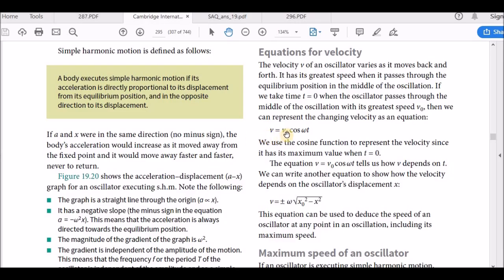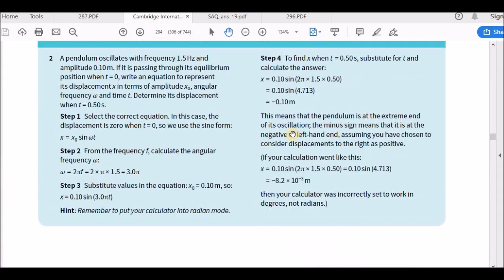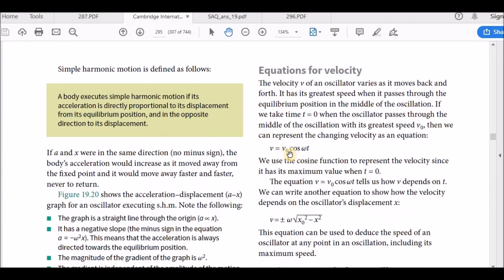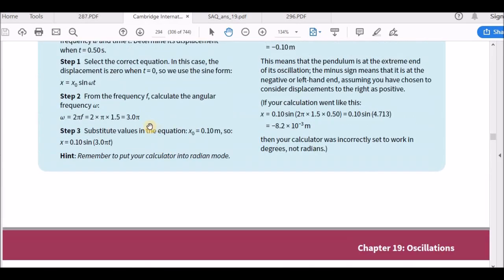Here is the equation for velocity. Now if you differentiate this equation, you will get this one. Students who have done mathematics will already know this. If you differentiate sine, you get cosine, and inside also when you differentiate, it will be omega.